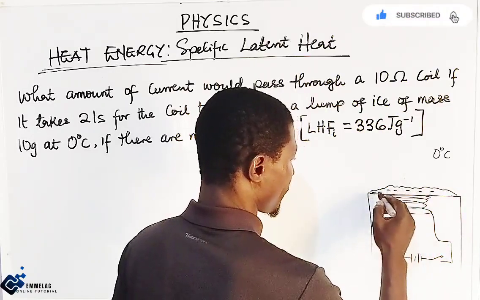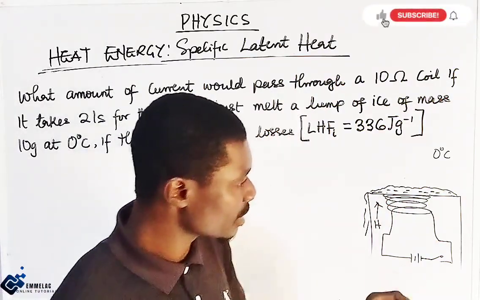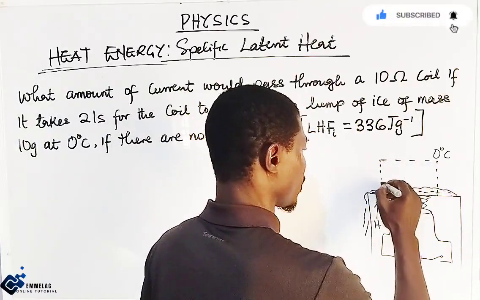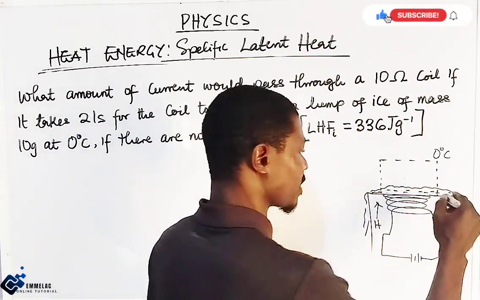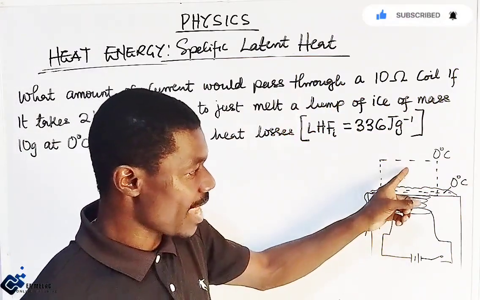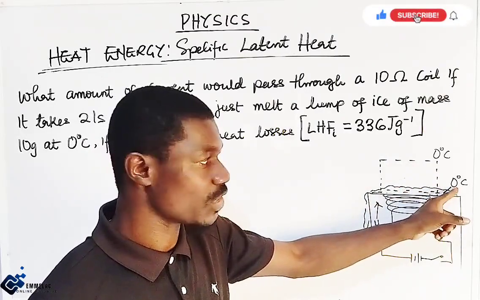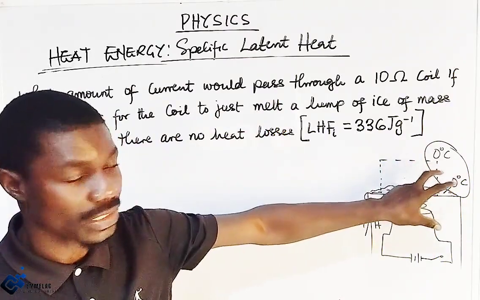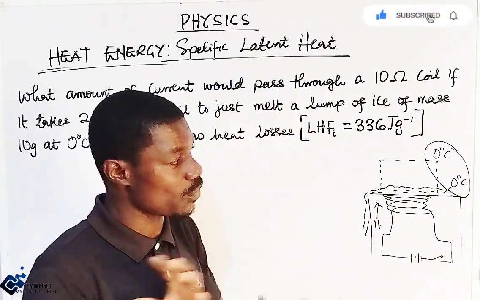The water flows down, as usual. But where I am driving at is that originally this ice, at 0 degrees Celsius, melts to become water, still at 0 degrees Celsius. This constant temperature is what we call the latent heat: a case whereby a substance changes state without a change in temperature.